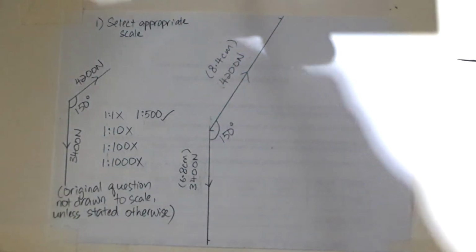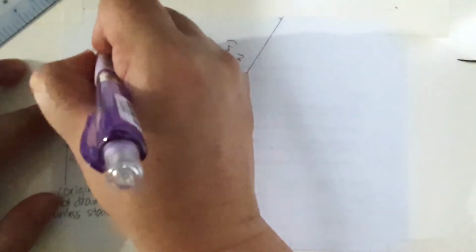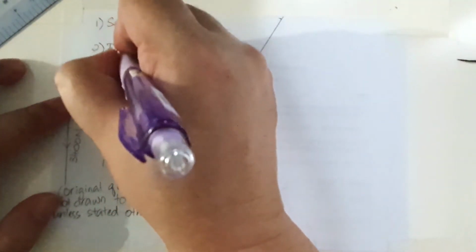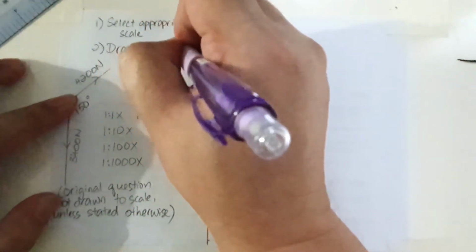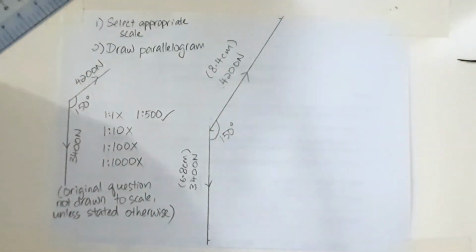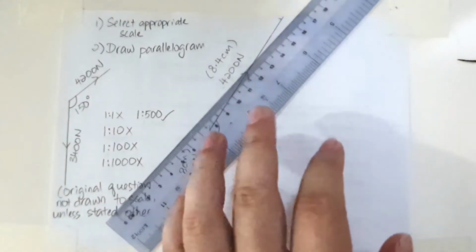After that, recall your parallelogram method. So you're going to complete the parallelogram. Using the set square and a ruler, you're now going to complete the parallelogram.